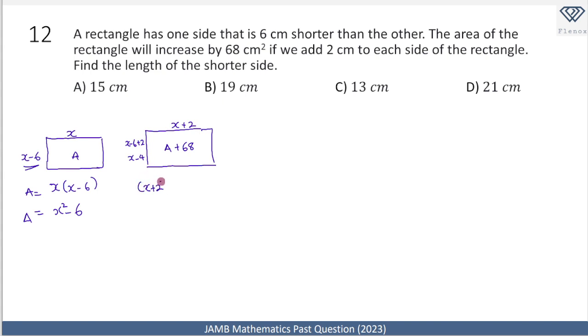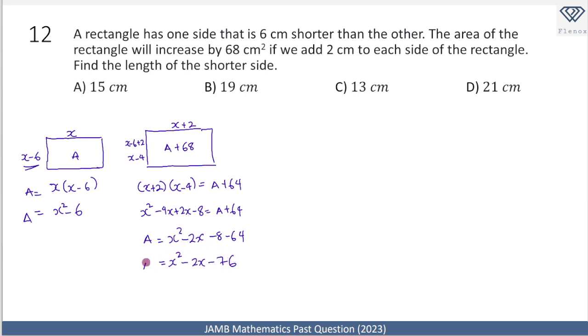If we multiply both sides, which will be x plus 2 and x minus 4, we're told that the area becomes A plus 68. So expanding, we have x squared minus 4x plus 2x minus 8 is equal to A plus 68. So making A the subject of the formula, I can see that A also will be equal to x squared minus 2x minus 8 minus 68, and that is x squared minus 2x minus 76.